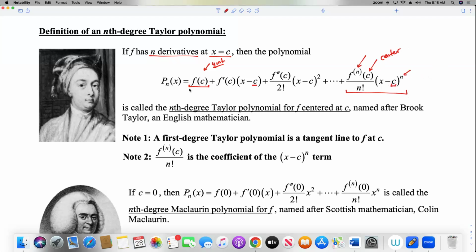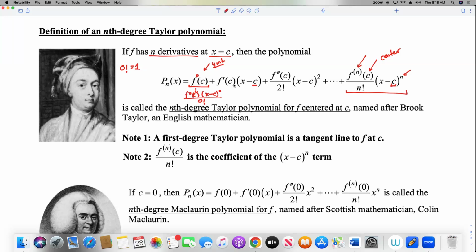All right, now it's easy to remember this pattern because even this guy right here is f0 of c, the actual function. Technically, this is f0 of c, the actual function, no deriving, times x minus c to the 0th power, which is just 1, over 0 factorial, and we all remember that 0 factorial is just 1.